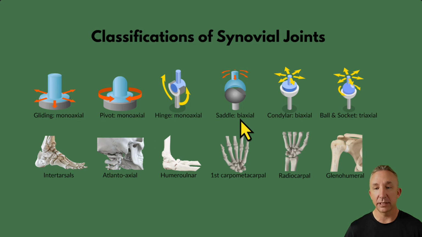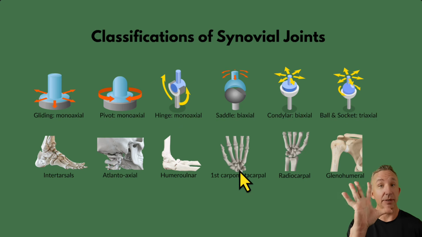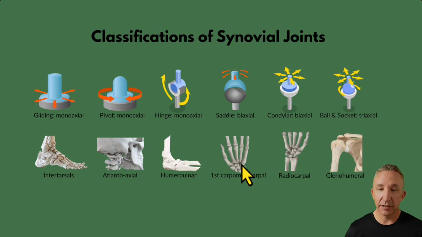When I look at a saddle joint, now we're moving into something that's moving on two planes. In a saddle joint, the example I use is our thumbs. When we say we have opposable thumbs, we talk about the movements, opposition and reposition. You have the articulation where two bones fit together like they're sitting on a saddle, like you're sitting on a horse. The example we're using is the first carpal to the metacarpal, so you're looking right at the base of the thumb.